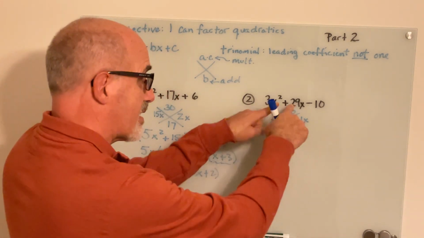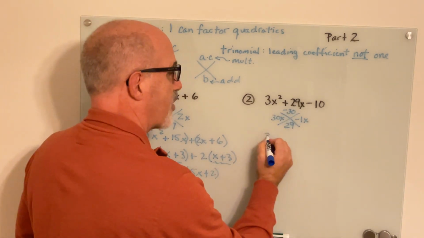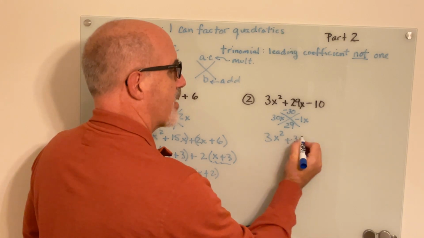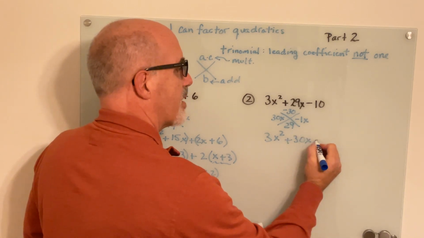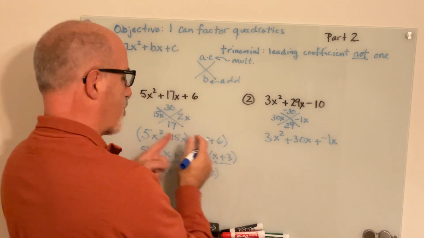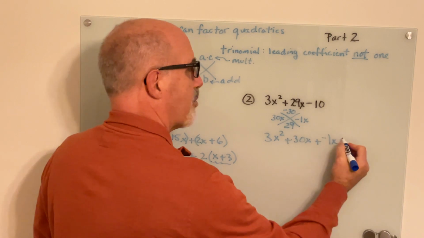Now let's separate out the 29 into these two pieces to factor by grouping. 3x squared plus 30x plus a negative 1x, because in factoring by grouping, it's better to have a plus in the middle, and then minus the 10.